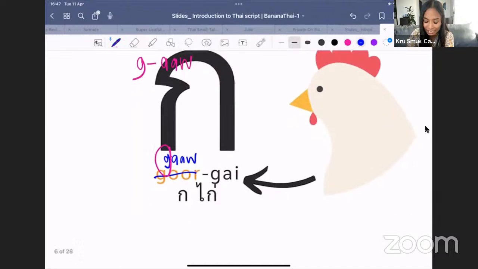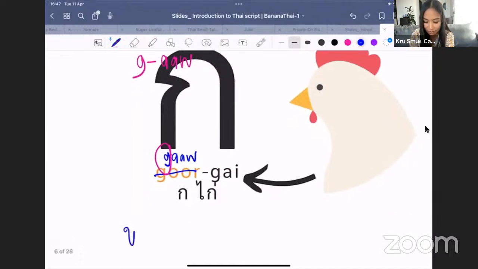Let me give you another example. This one is a k sound, so this one is ขอ.